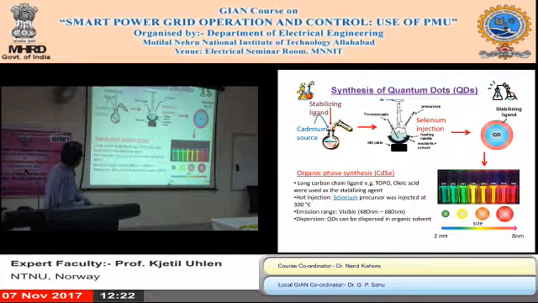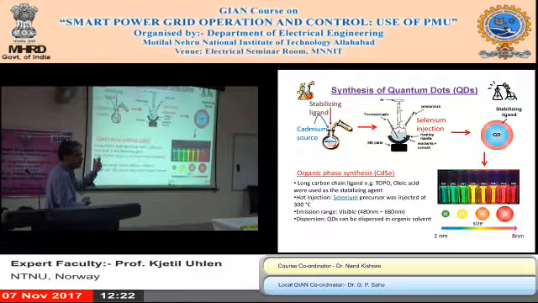This is in an inert atmosphere. Then you raise the temperature, and then inject a selenium precursor, which could be elemental selenium dispersed, or some soluble selenide, and they get in there as ions, and at a certain temperature the ion exchange occurs, and you will form cadmium selenide.